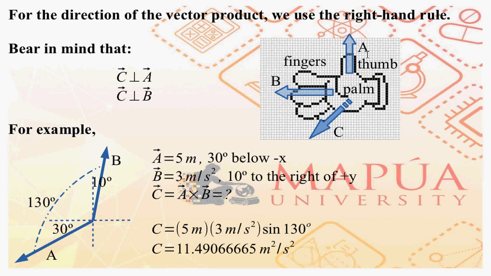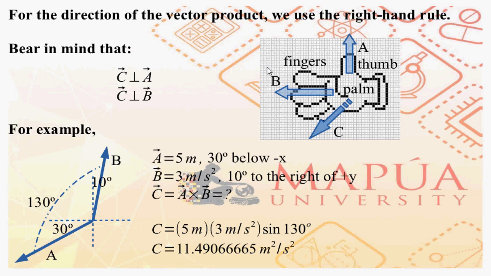So first vector is A, so point your thumb in the general direction of vector A, of the first vector. And then the rest of your fingers, point them in the general direction of the second vector.